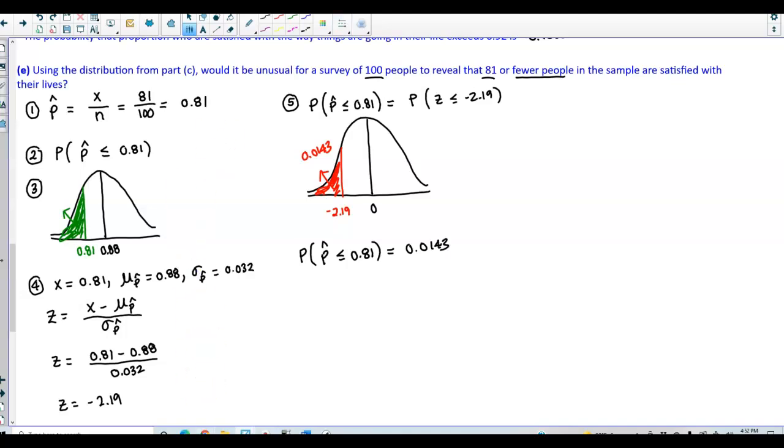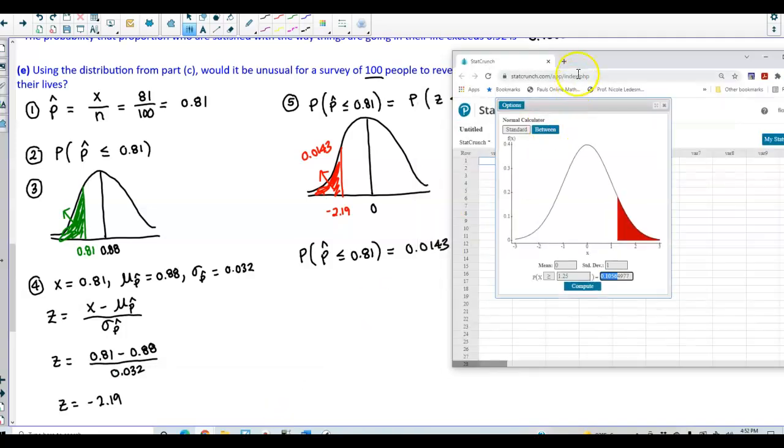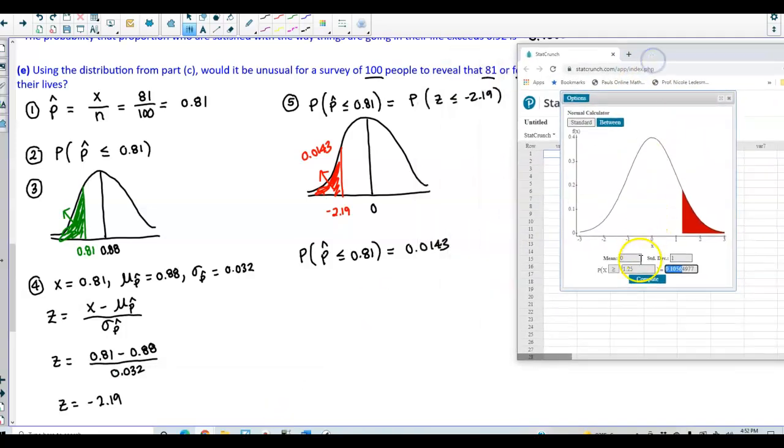Now again, if we wanted to use our standard normal distribution calculator, the mean is 0, standard deviation is 1, and we want to find that it's going to be less than negative 2.19 for the z-score. Then you can see that's going to give us 0.0143 rounded to 4 decimal places.